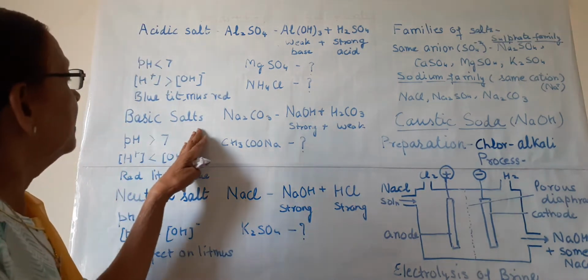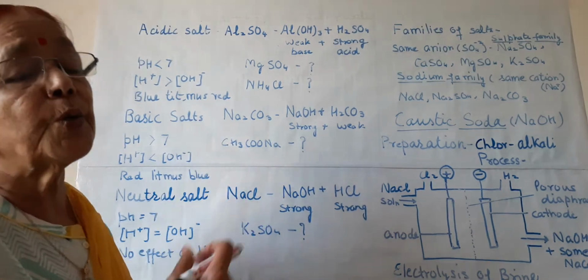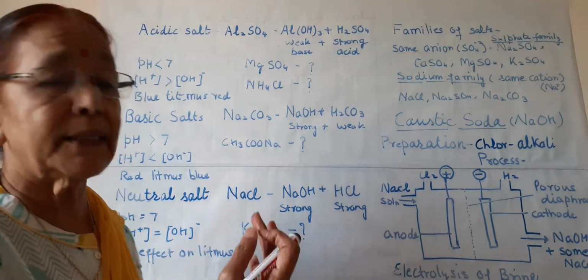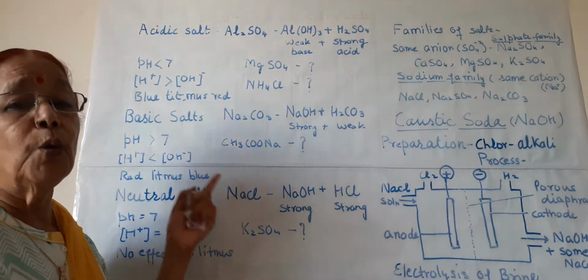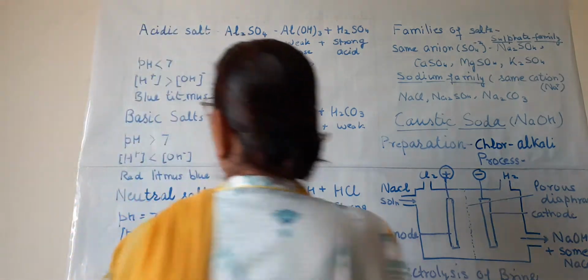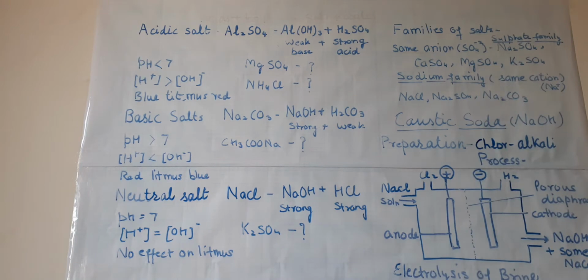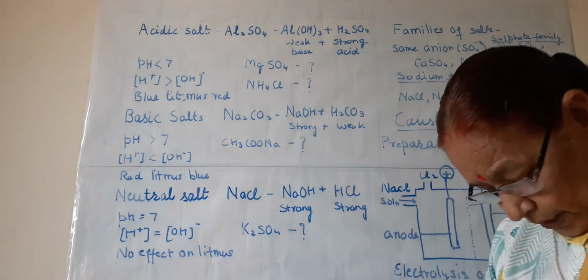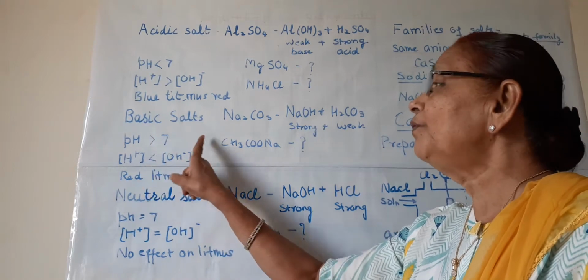Now the second is basic salts. As the name indicates, they show some properties of bases. What are the properties of bases? The pH is more than 7. All of you know these bases have pH from 7 to 14.